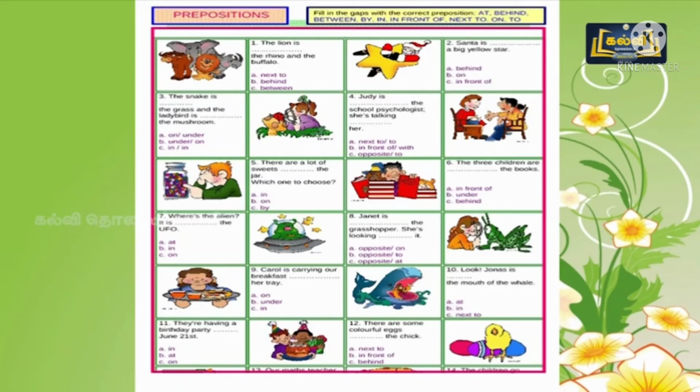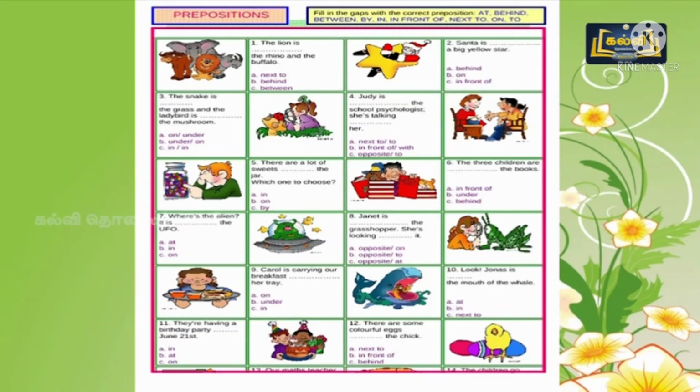Choose the correct answer. Then the fourth question is, Judy is dash the school psychologist. She is taking dash her.